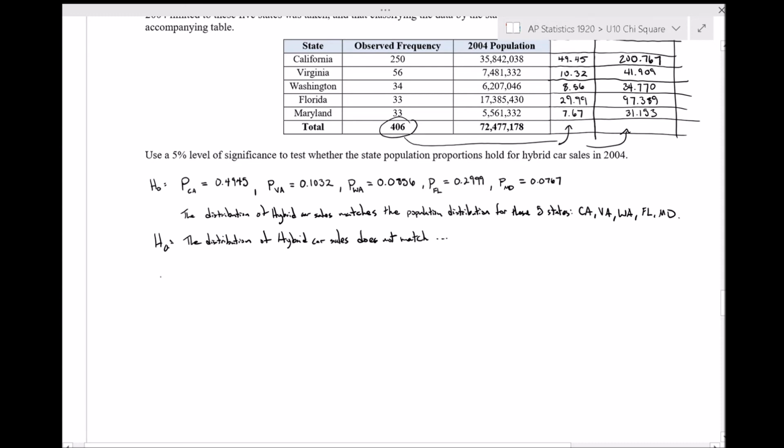So those are my hypotheses, which for a chi-square distribution, is the part that hurts the most. The part that takes the longest, in my opinion, is the hypotheses and framing them for this test especially.